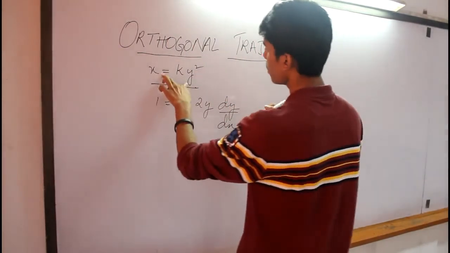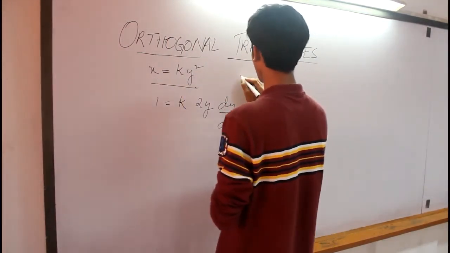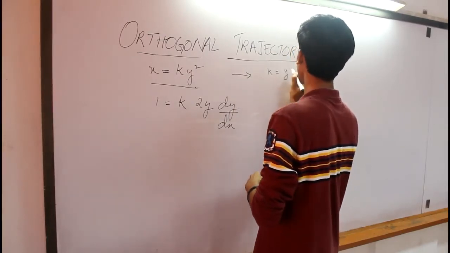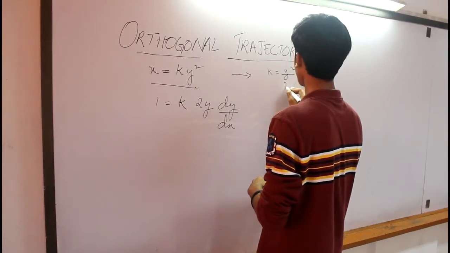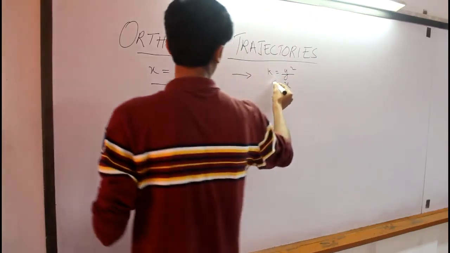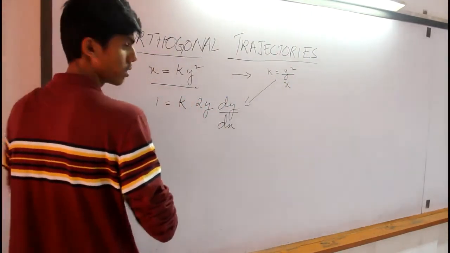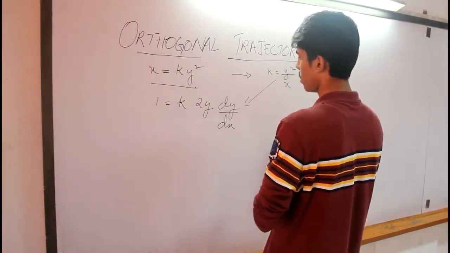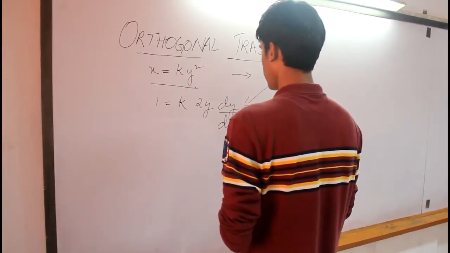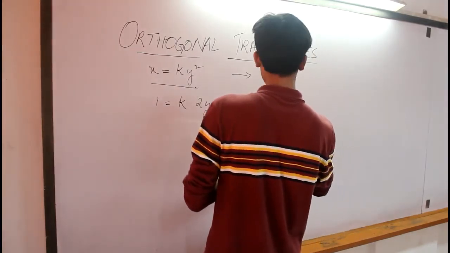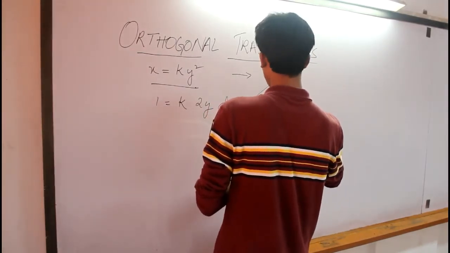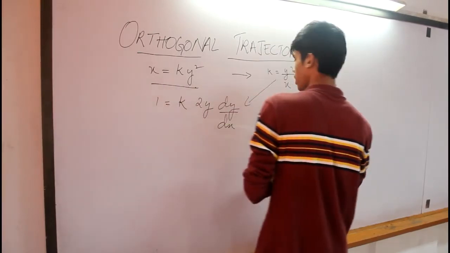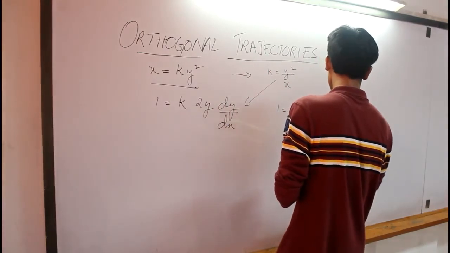Now k can be related to this equation in the form k equals y squared divided by x. You put this in the equation over here, and we get 1 equals y squared over x times 2y dy by dx.